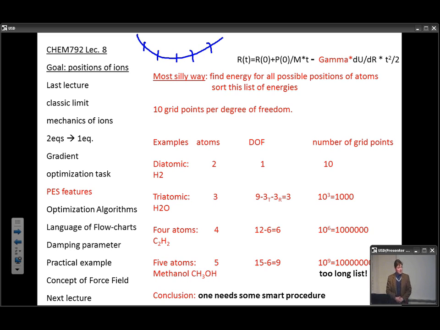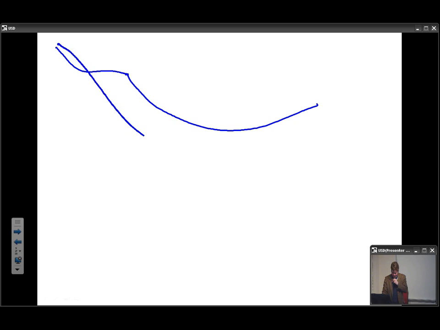Is it? So we have some complicated multi-dimensional surface.